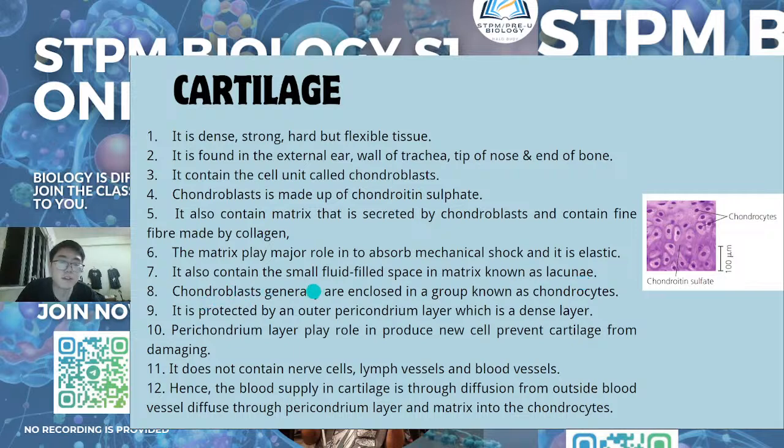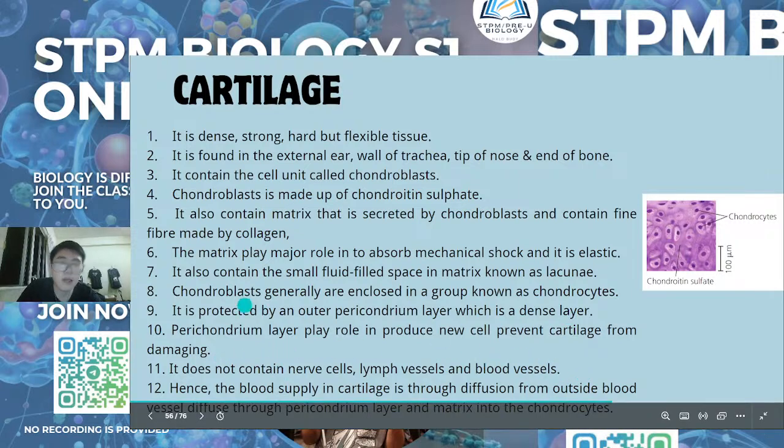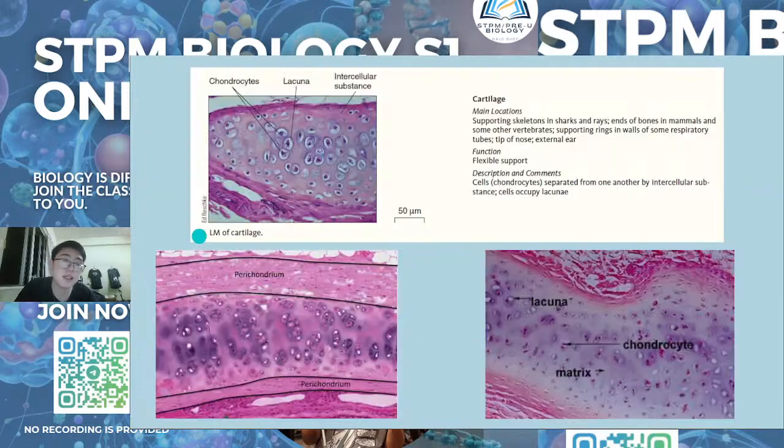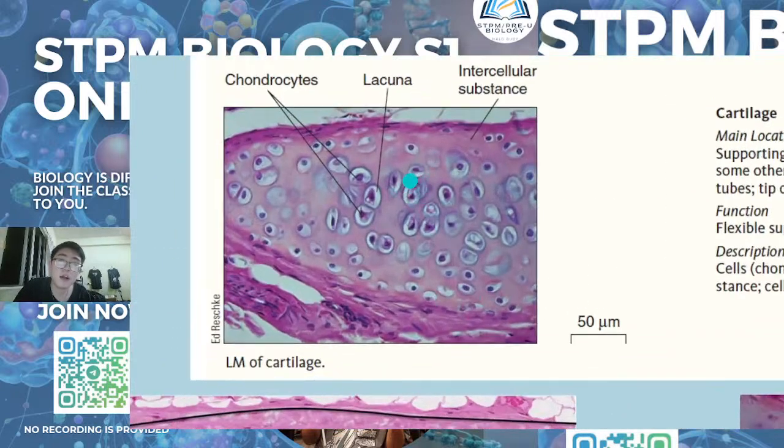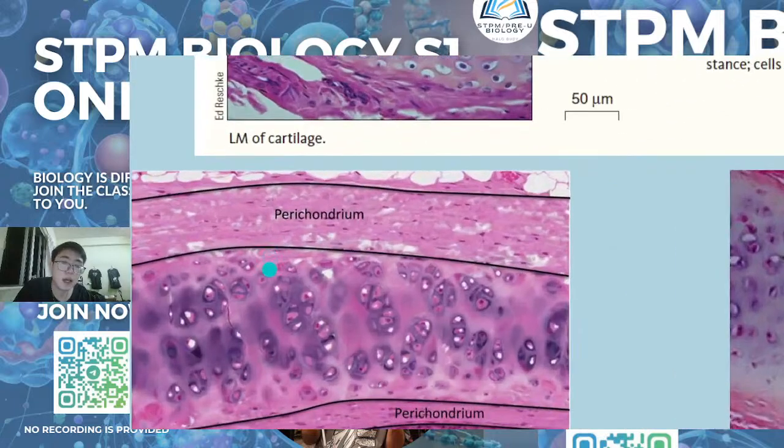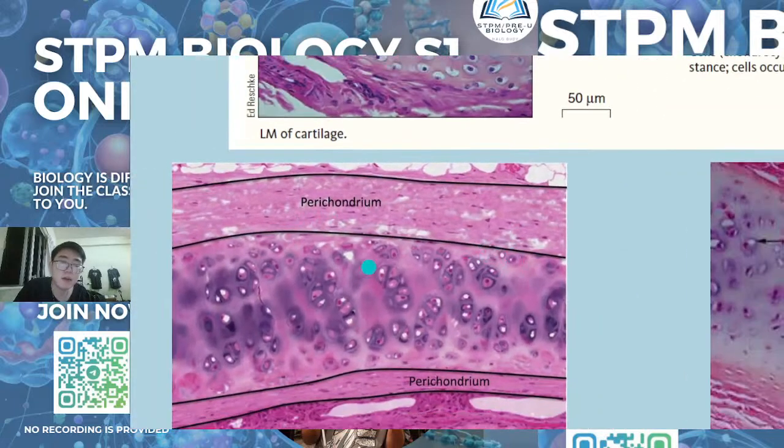So the cells are generally called chondrocyte, and it is protected by an outer layer, the perichondrium layer, which is a dense layer. Okay. So yang ni just a basic description. So you will see here this structure. Yang ni, these are the perichondrium layer.